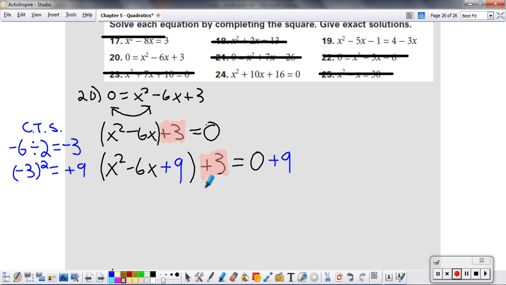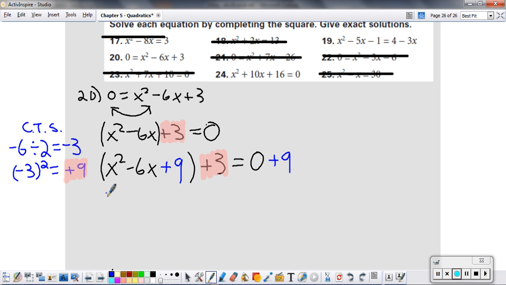In fact, this entire equation up top, x squared minus 6x plus 3 equals 0, is the exact same equation down here, except what I did was I added 9 on both sides of the equation. And I add 9 because that's the number I need to complete the square.